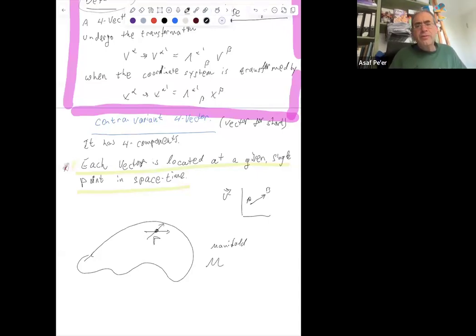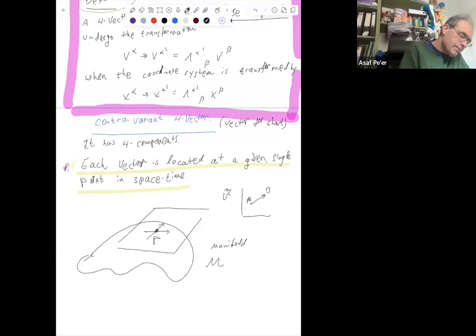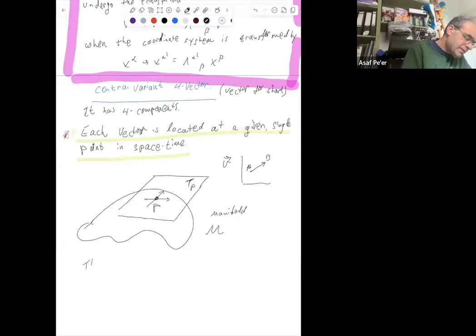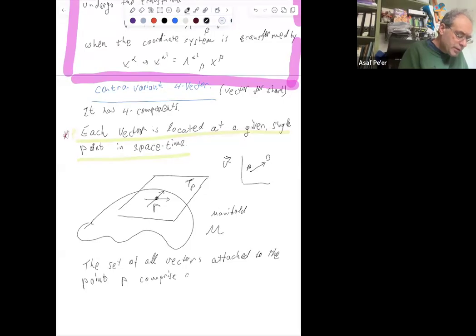This set of vectors forms a space, and this is called the tangent space, T_P, the tangent space to P. So the set of all vectors attached to the point P comprises a plane tangent to that point.